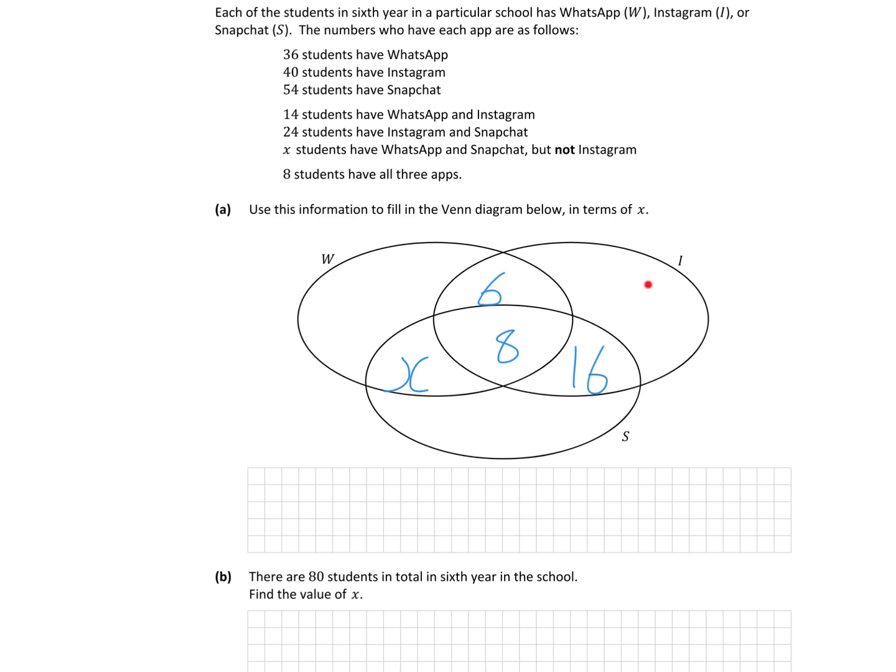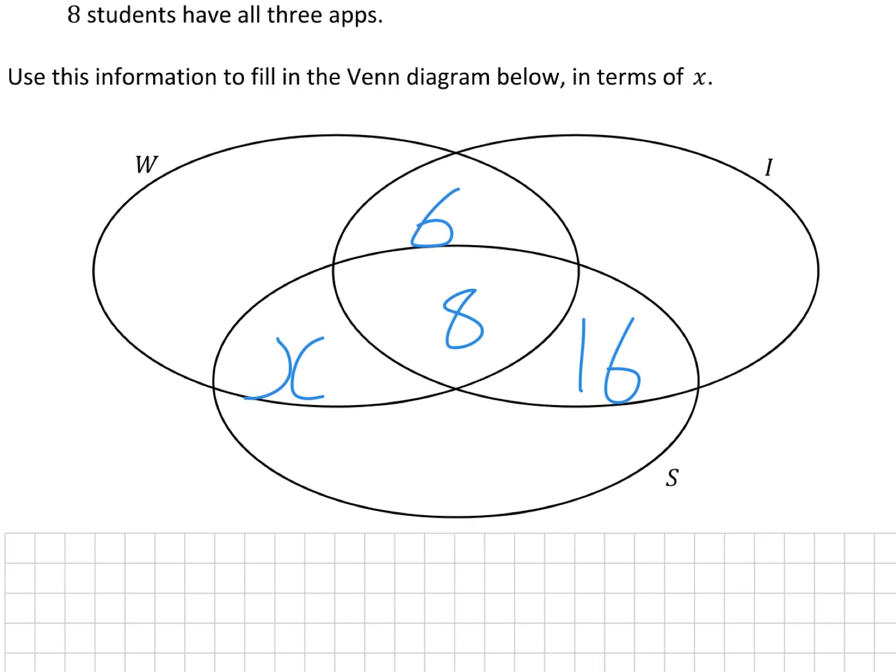Now I'm going to work my way out to WhatsApp only, Instagram only, and Snapchat only. I'm going to do Instagram first because it doesn't have any X's in there already. It says 40 students have Instagram. So if I start off with 40 and I take away the numbers I already have filled in for set I, I'm going to take away 6, 8, and 16. That leaves me with just 10 people in set I alone.